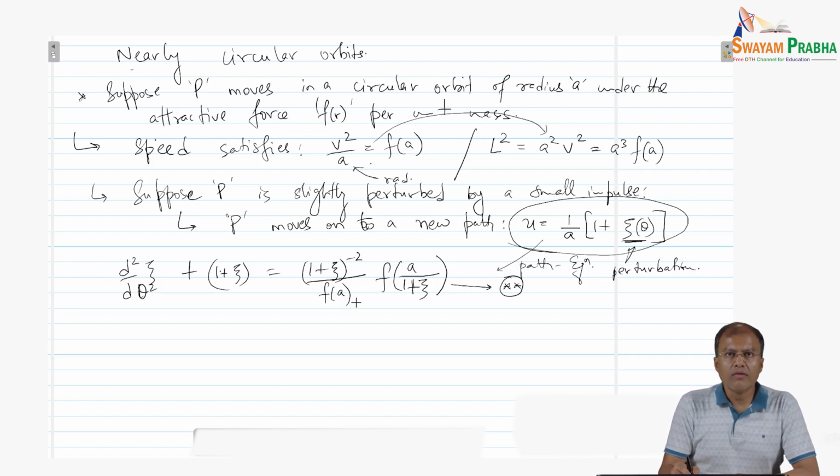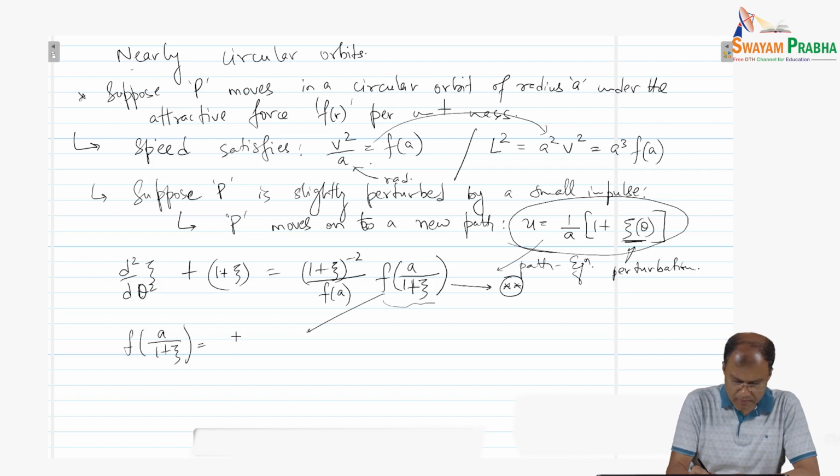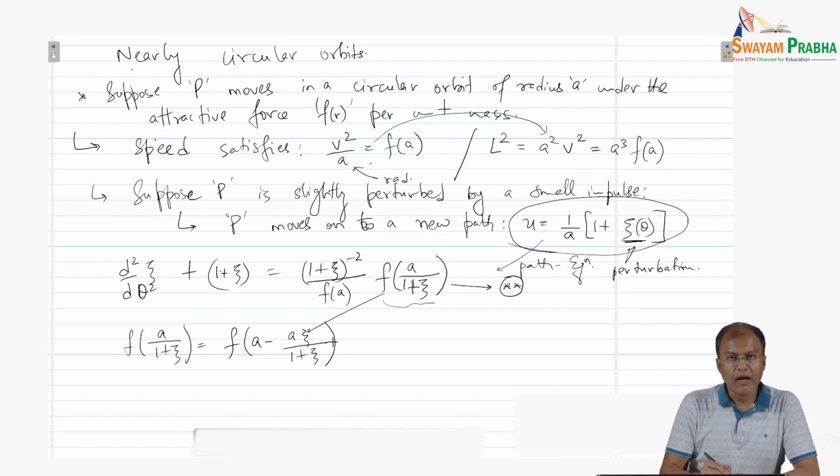I want to simplify this further, because the form of f is slightly inconvenient. So I'm going to write it in a more convenient form using a Taylor series. So f of a over 1 plus zeta is f of a minus a zeta over 1 plus zeta, and now I'm going to use my Taylor series expansion of f around the radius a.